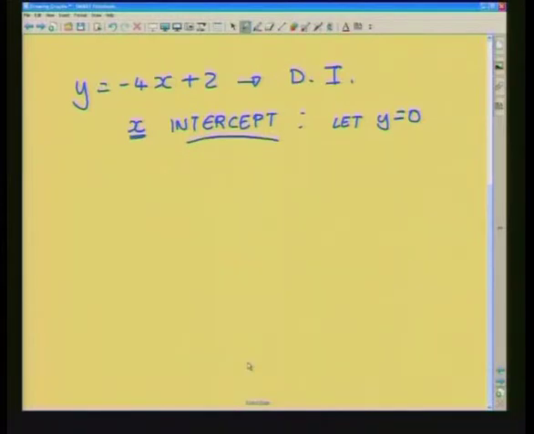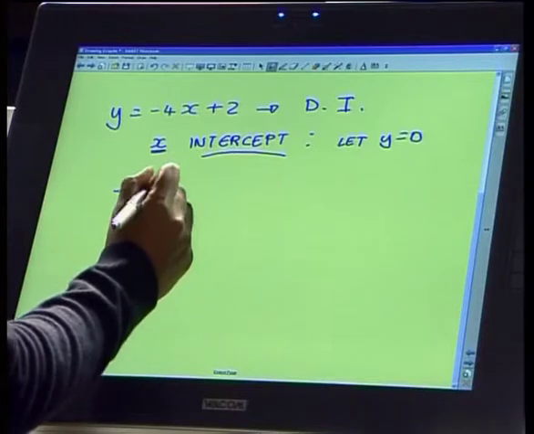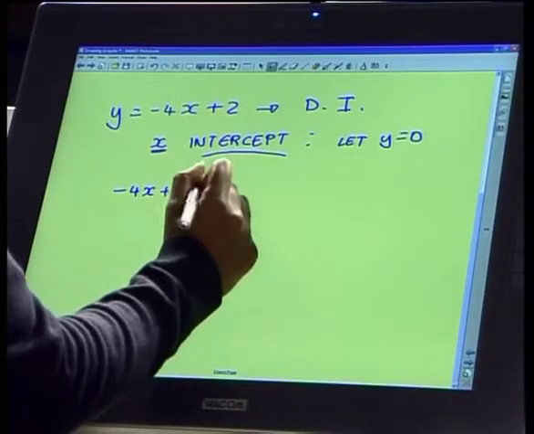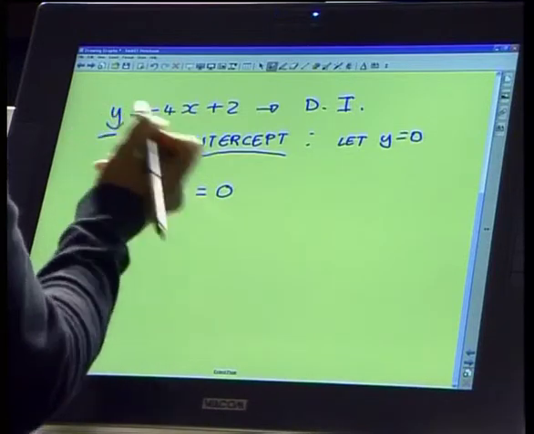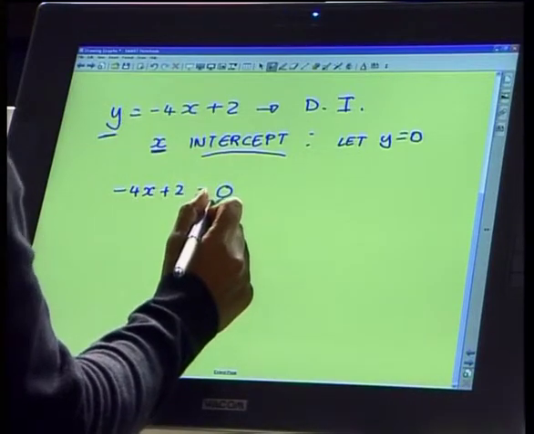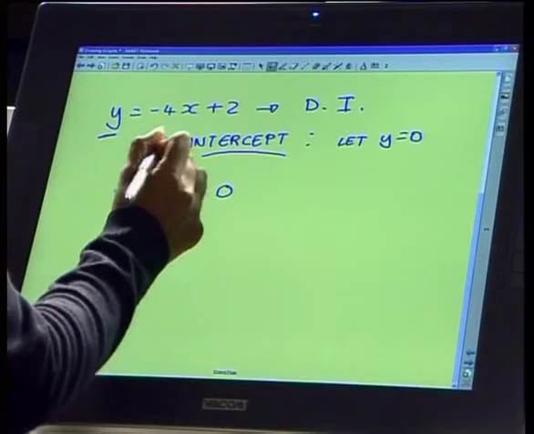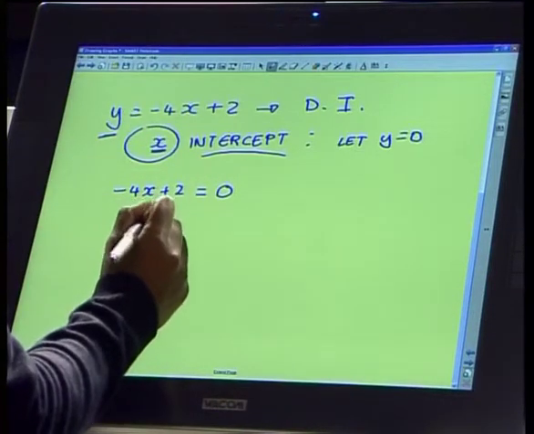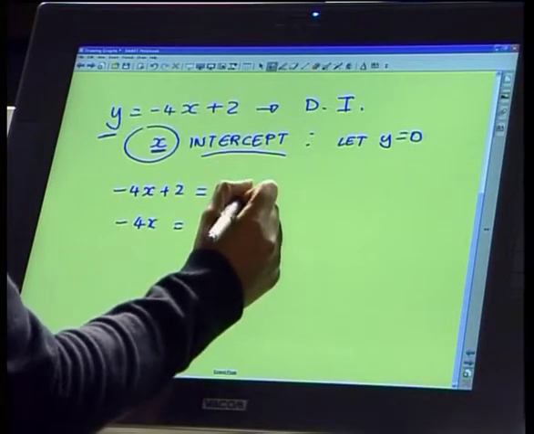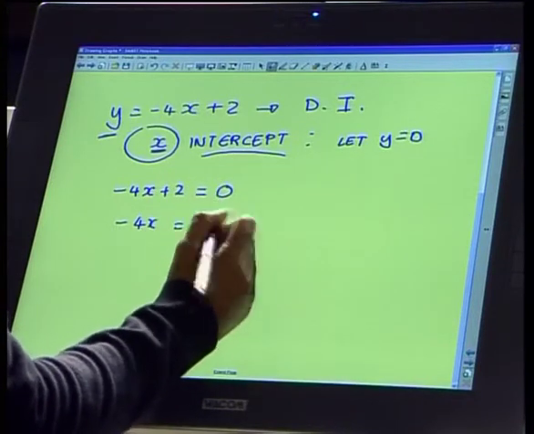So we let y be 0. So this equation is going to become minus 4x plus 2 is equal to 0. All I've done there is replace the y value with the value of 0. And now we have to solve for x. So all I'm going to do is take the 2 over to the right hand side, so it becomes minus 2.